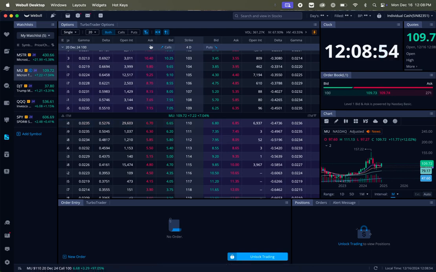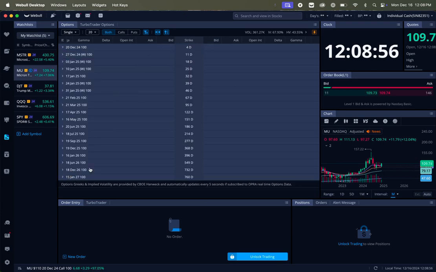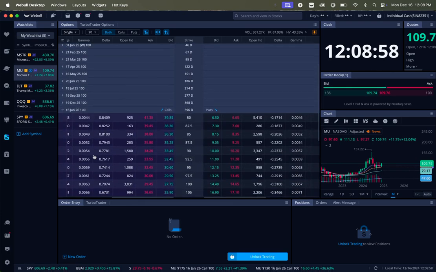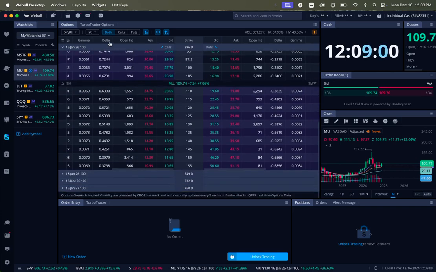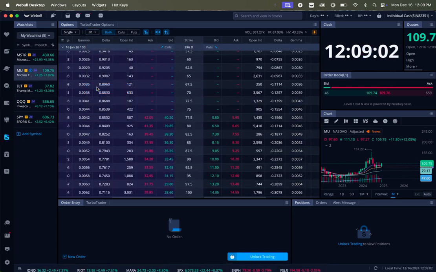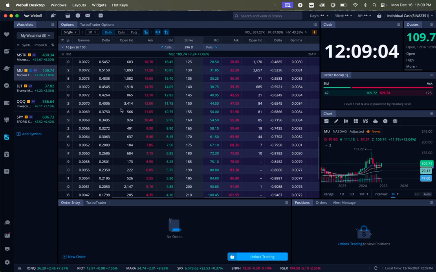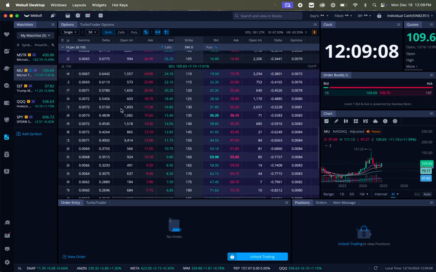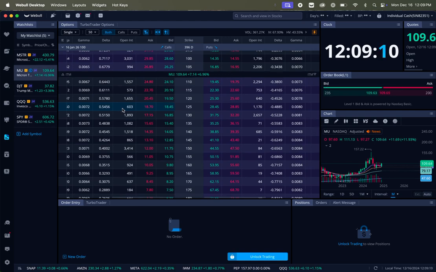Let's take a look at a longer expiration. We'll look at January 2026 contracts. Let's say I want to have a long thesis on MU because I like the stock and I like the growth, but I want to see what's the expected move. For longer expirations, the significance of the 50 delta being out of the money is even more relevant.